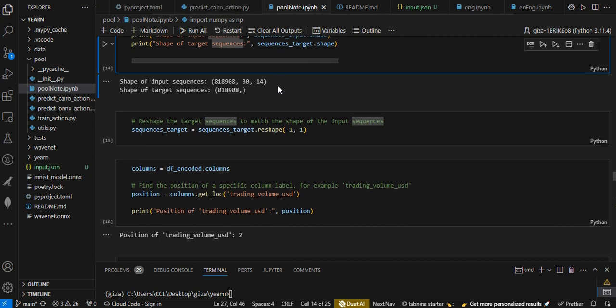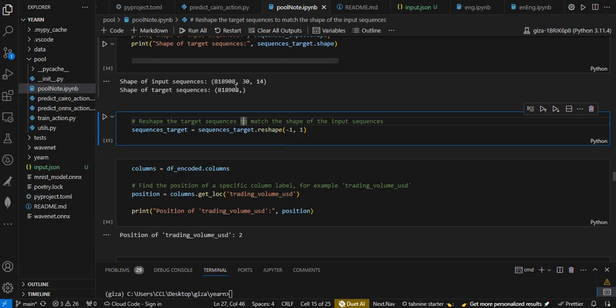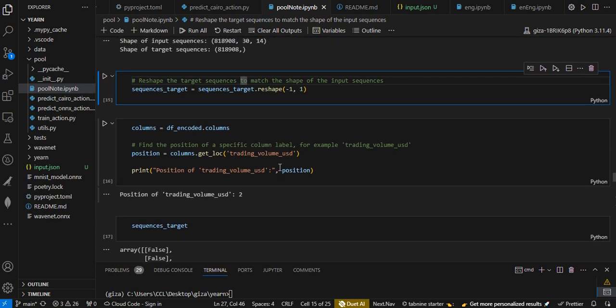This process is just to make sure that our data fits with what the model expects, and it doesn't cause conflict. Part of it was also reshaping, since these two are not of the same shape, so that the input and target will have close to the same shape.